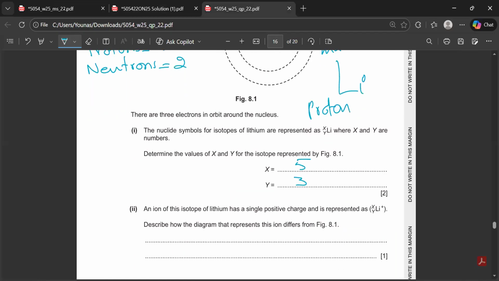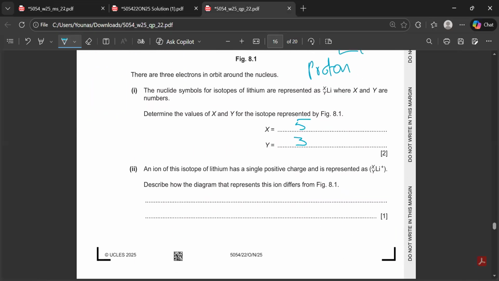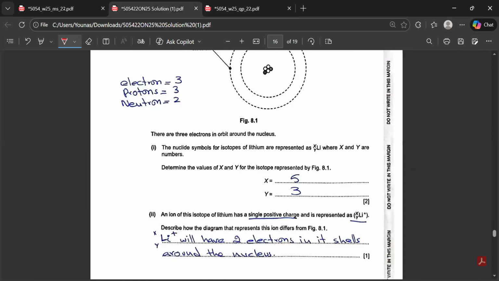Then he says an ion of an isotope of lithium has a single positive charge and is represented by this. Describe how the diagram that represents this one is different from the previous one. So when lithium becomes positively charged, it would have lost 1 electron.